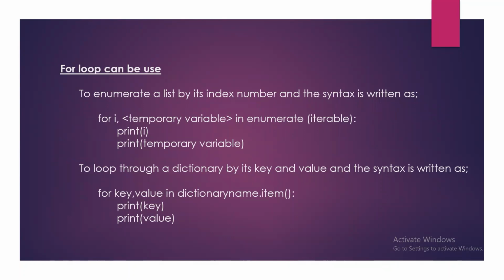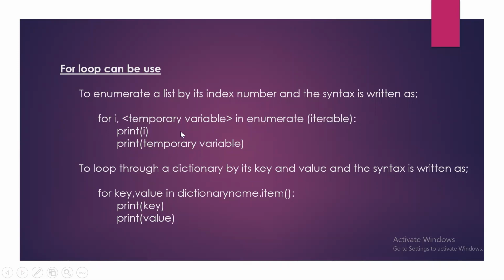To do this, we write for index, temporary variable, which is basically the nature of the items, elements, or entries of the iterable object, in enumerate and the name of the list in which we want to list the items, and print its index number as well as the items.